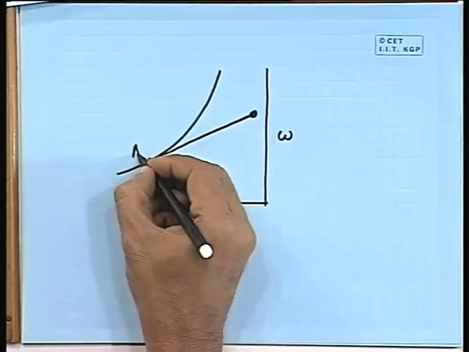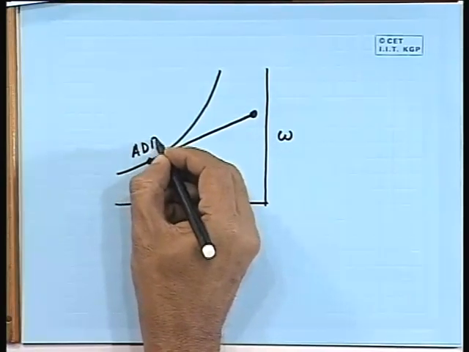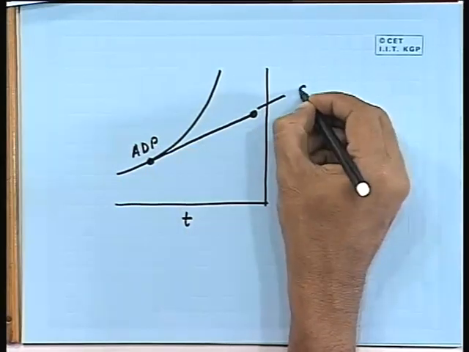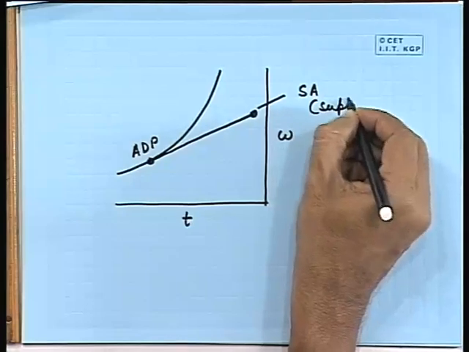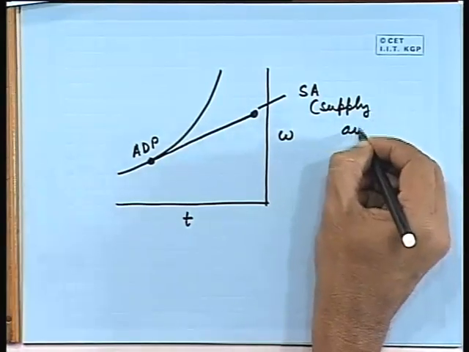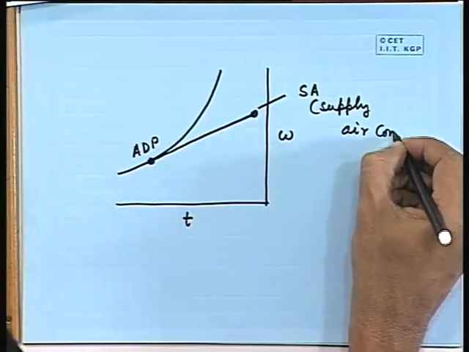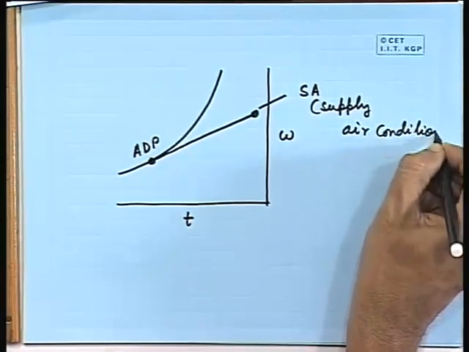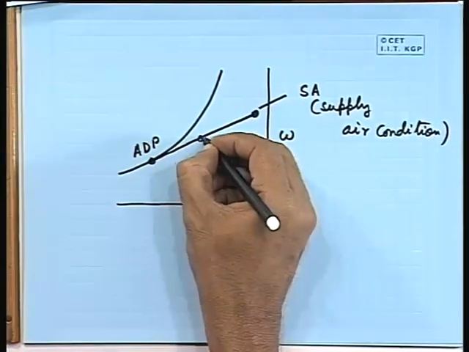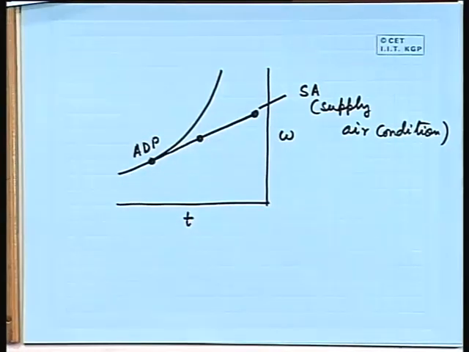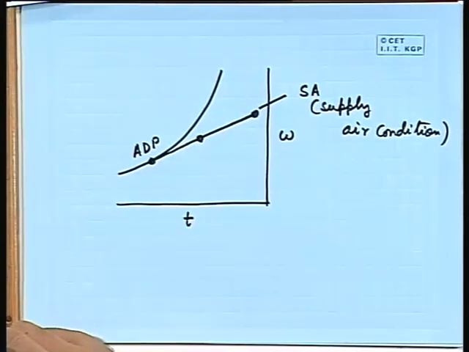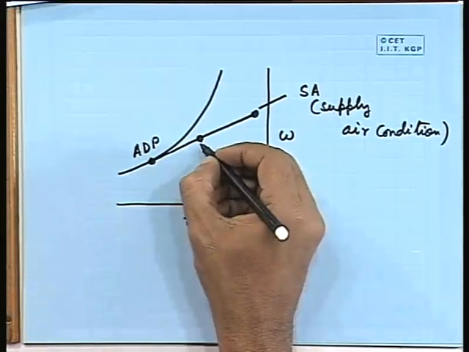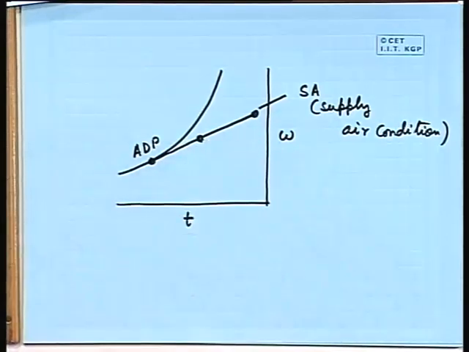So, this is your ADP, apparatus dew point temperature. This is the SA, supply air condition. Then the air which is coming out of the coil will be somewhere here. Okay.